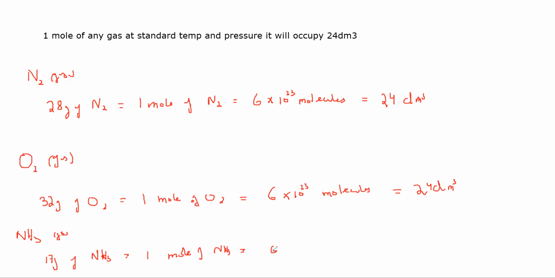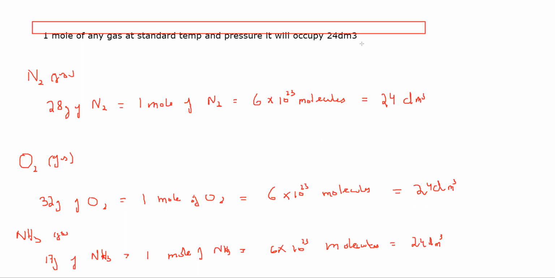And 1 mole of NH3 will have 6 exponent 23 molecules. And it will occupy 24 dm cube at standard temperature and pressure. So you have to learn these values for the volume occupied at standard condition by 1 mole of a gas.